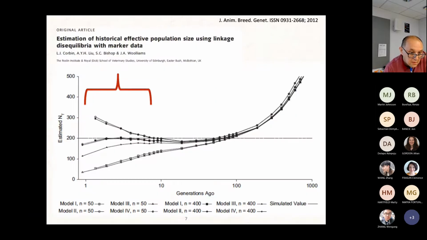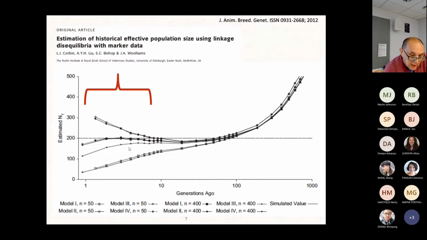It has been shown in the paper of Corbin, with a lot of contribution, I think, from John Williams, that this method is not precise in the current population, up to some 10 generations. So you would get very imprecise, unreliable estimates.